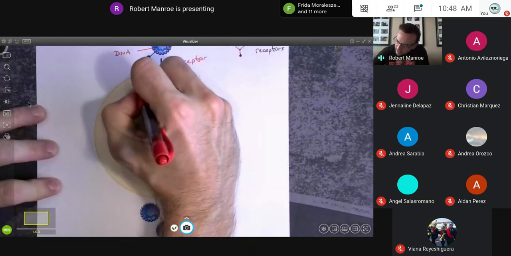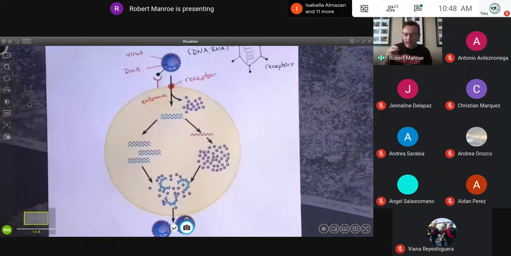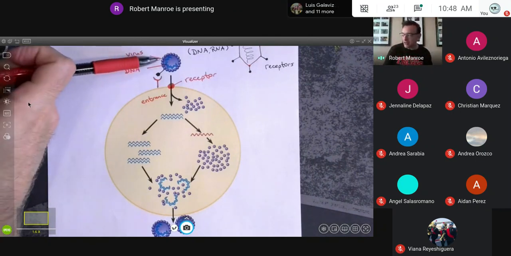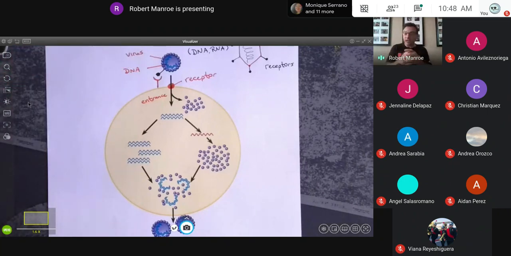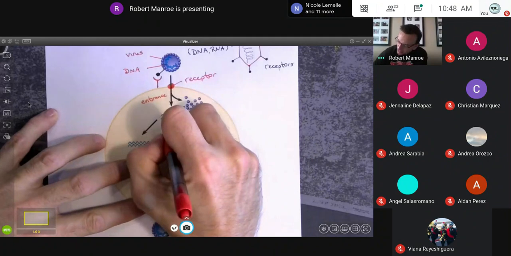Okay? All right, so what happens here? You get entrance into the cell. What literally happens is, since the virus bonds to the cell, the cell literally invites the virus in. The cell doesn't realize that this is going to end up killing the cell. The virus bonds to the cell, then opens its plasma membrane, and the virus is chemically invited in, okay?